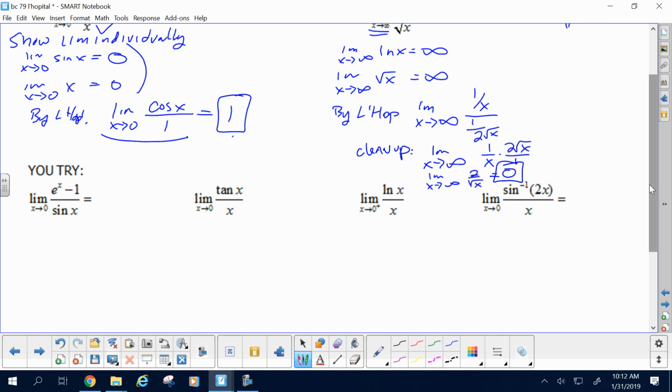Do one more. Okay, so this guy. The limit as x goes to 0 of e to the x minus 1. What does it approach? 0. The limit as x goes to 0 of sine of x. What does it approach? I'm getting 0 over 0. Is that an indeterminate form? When I have an indeterminate form, I use L'Hopital's rule. So by L'Hopital, the limit as x goes to 0 of what?